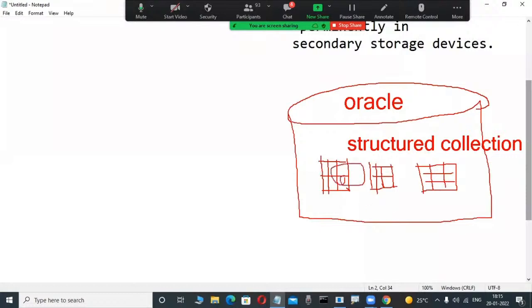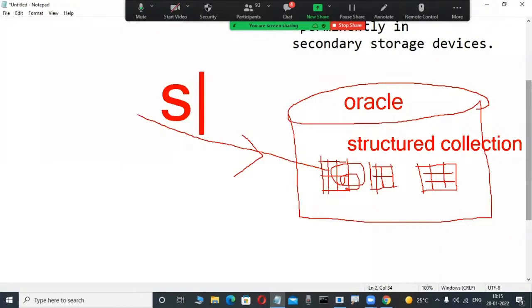Once a structured collection of data is there, we need some language to operate on this data. What is that language? Maybe anybody has an idea? SQL, structured query language. Through this language only, we operate on the structured data in relational databases.